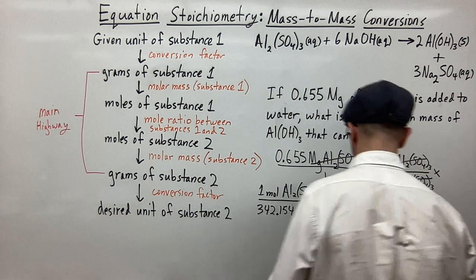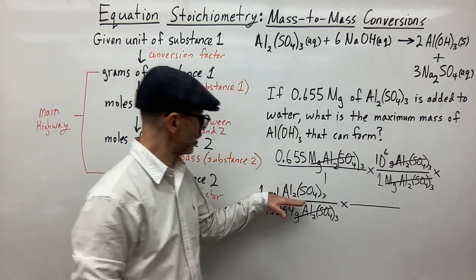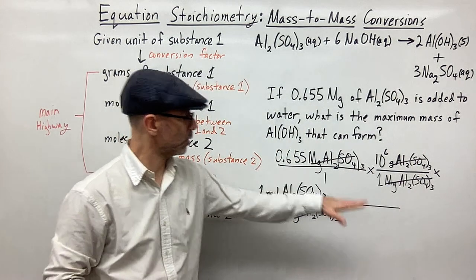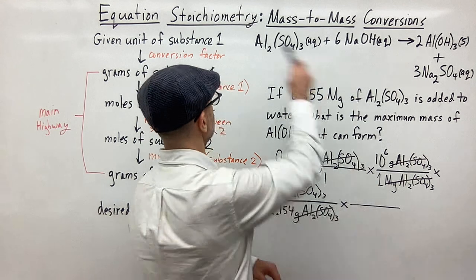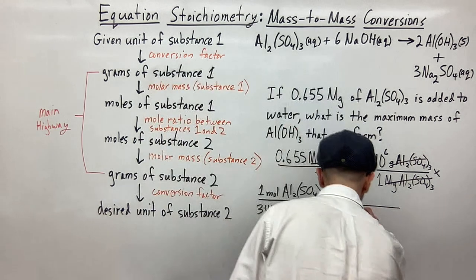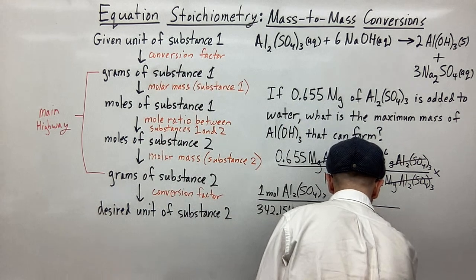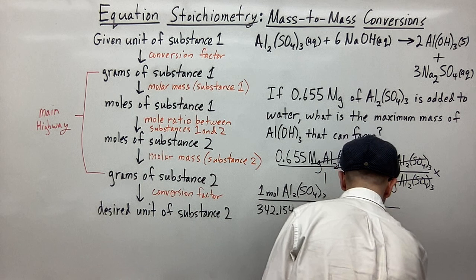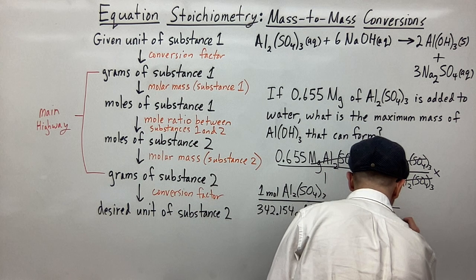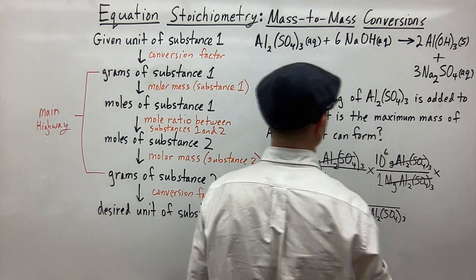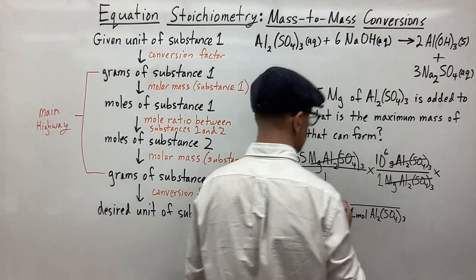So I'm going to set up my conversion. I have moles of aluminum sulfate on top, so I'm going to put the moles of aluminum sulfate on the bottom. That's 1 mole of Al2(SO4)3. And then it's going to be 2 moles of the aluminum hydroxide.